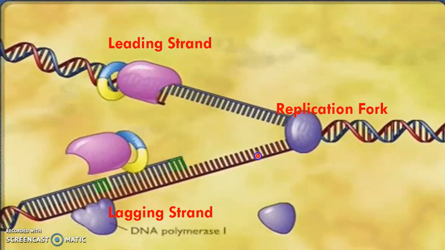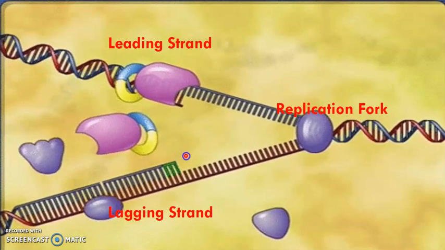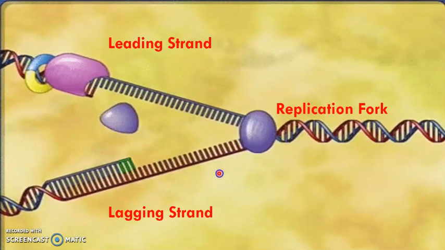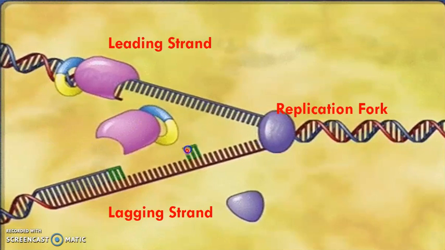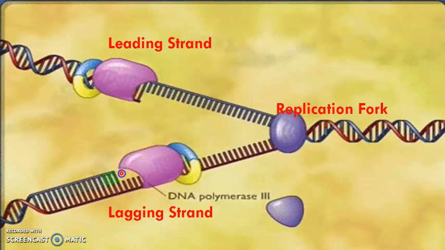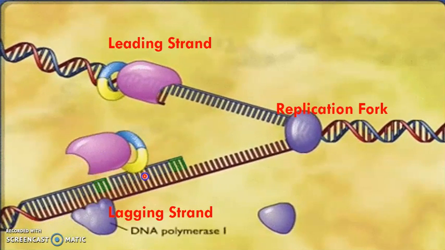But down here, the lagging strand, DNA has to be made in the opposite direction for it to be 5' to 3'. So to do that, here's primase. It adds a little primer that would have an OH group on it, allowing DNA polymerase here to bind and make an Okazaki fragment. You can see this little fragment right here.